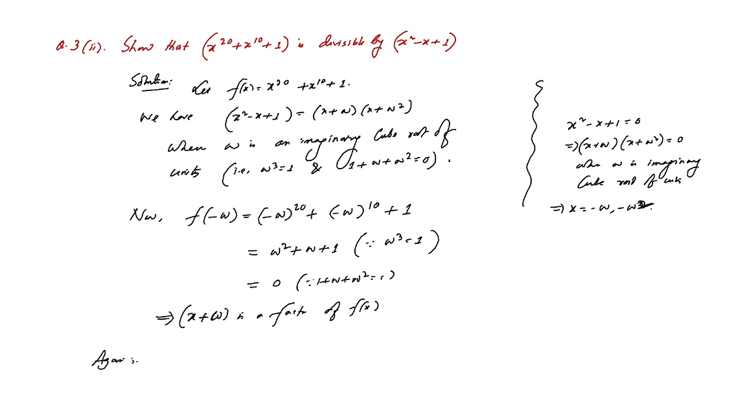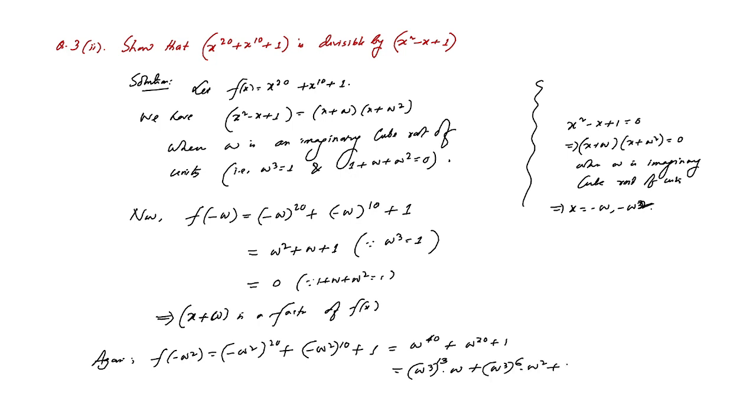Similarly, again you will calculate f of minus omega square. So (minus omega square) to the power 20 plus (minus omega square) to the power 10 plus 1. So again you will see that will be omega to the power 40 plus omega to the power 20 plus 1. So omega cube to the power 13 into omega plus omega cube to the power 6 into omega square plus 1.